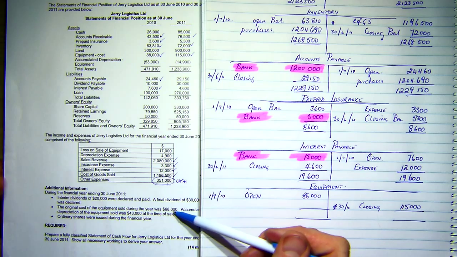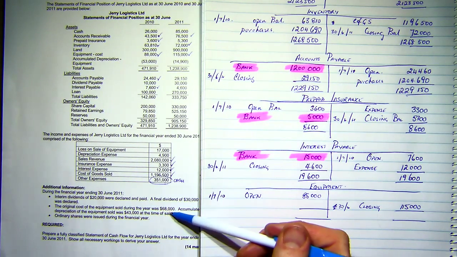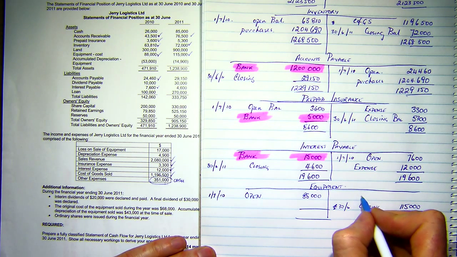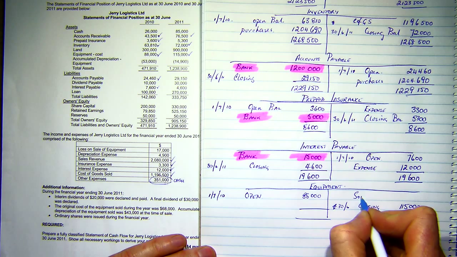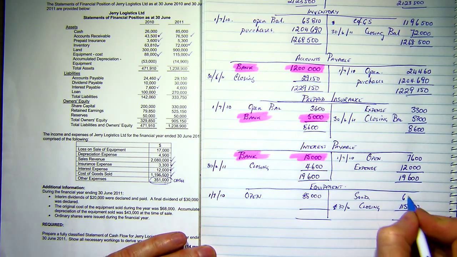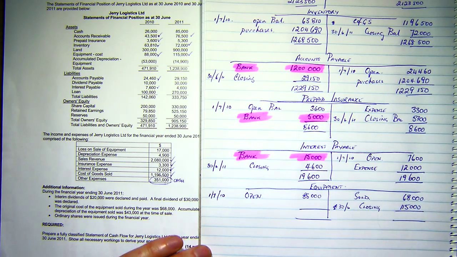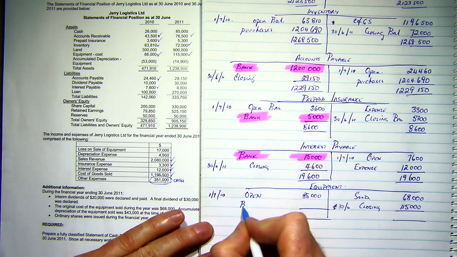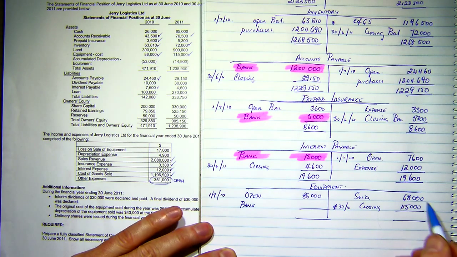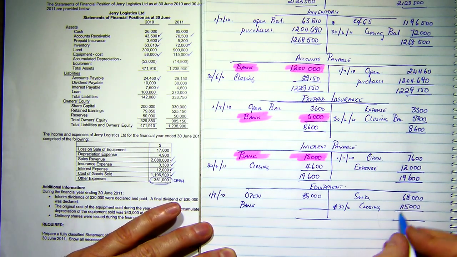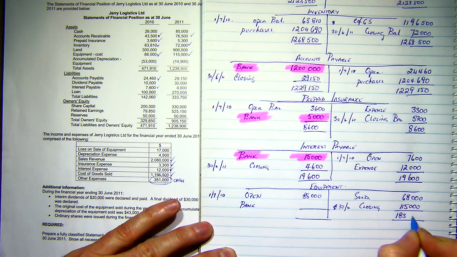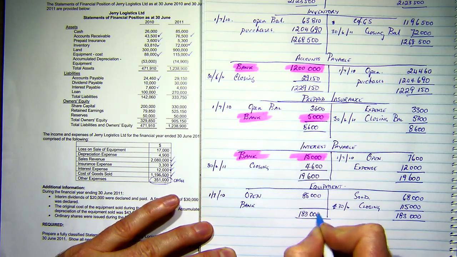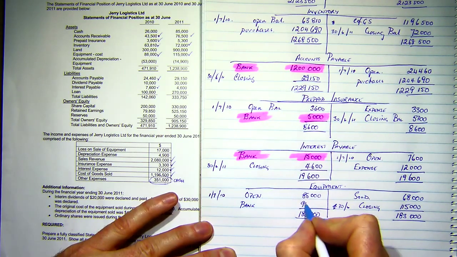Now, we have this information. The original cost of equipment sold during the year was 68,000. So I can put in a sold, which will indicate that I've reduced my asset balance by a certain amount. And then we can work out what we've purchased. So my purchase would be for cash. 68 plus 115 is 183. So I know that balance is 183. So that must mean my purchase of equipment for the year was 95,000.